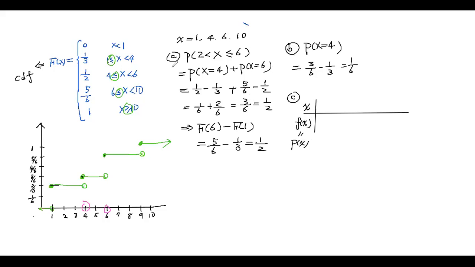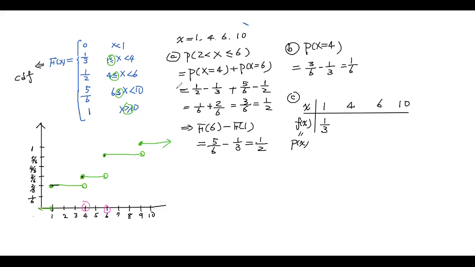So in here, we already know my X value only has 4 values, 1, 4, 6, 10, right? Okay, so f of x1 is here, right? Because before that is 0, then jump to what? 1/3. So f of x1 is easy. So this is 1/3.